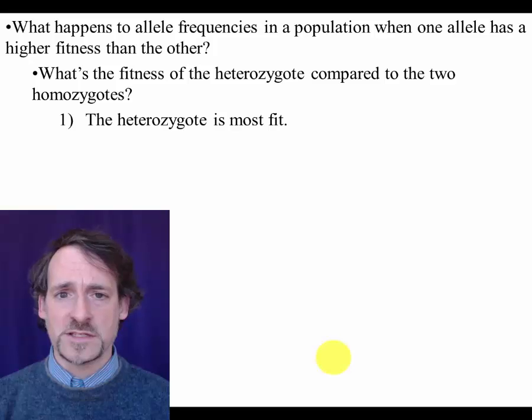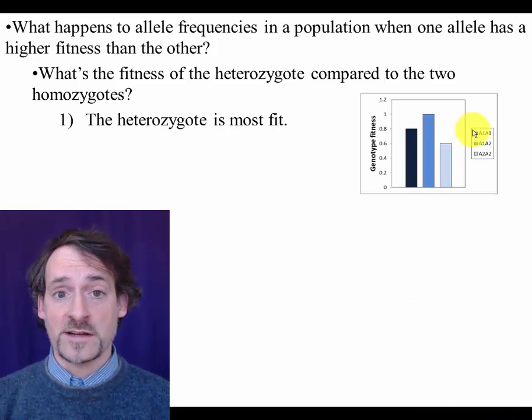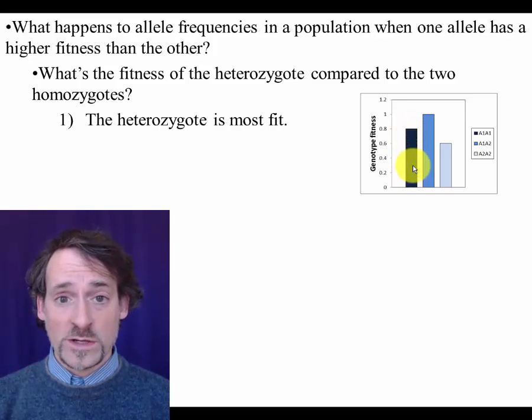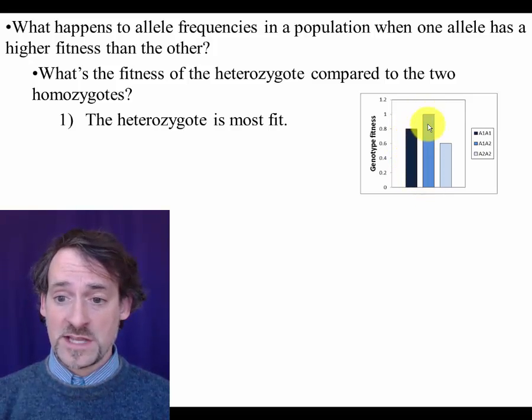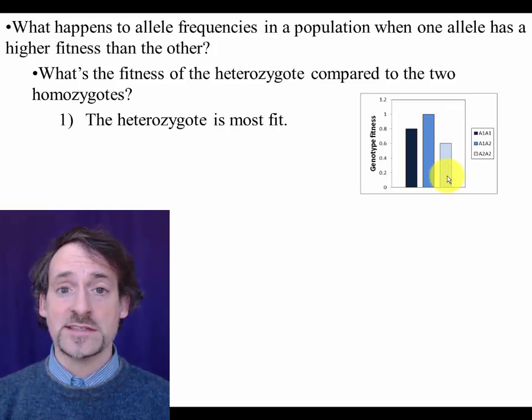There are three possibilities. The heterozygote could be the most fit of the three genotypes. In that case, you'd see a diagram that looks like this. Here, the dark blue bar is the fitness of the A1 homozygote, the heterozygotes are here in the middle, and the A2 homozygote is least fit.